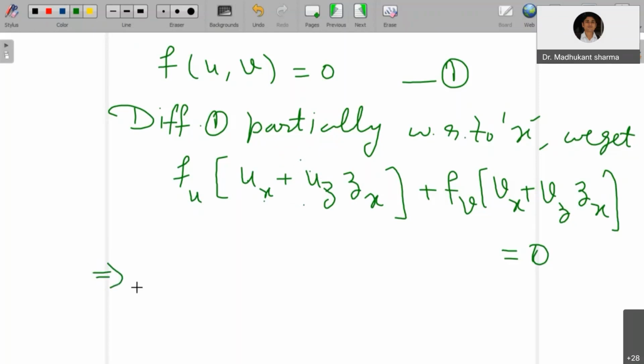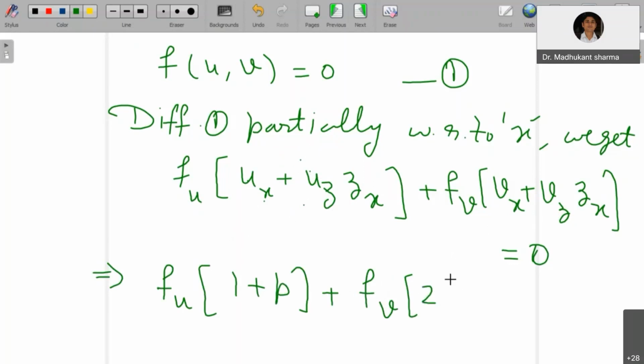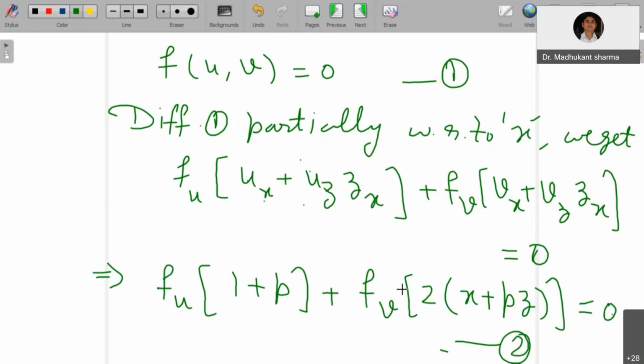Now fu, so ux and uz are 1: it is 1 plus p, where zx we have denoted by p. Fv times vx was 2x and vz was 2z, so you have 2 times x plus pz equals to 0. So that you can call 2.